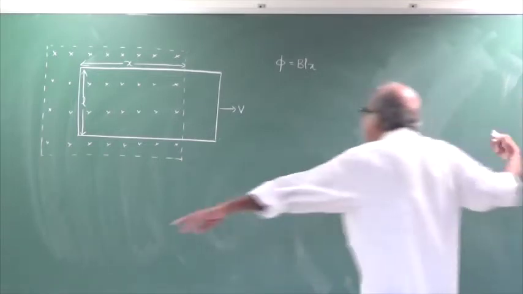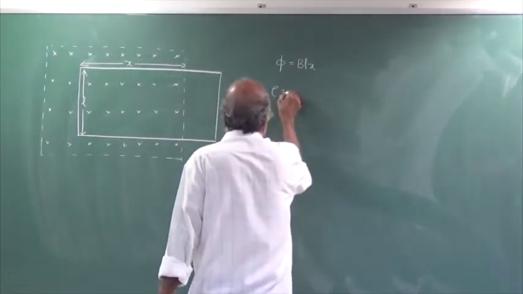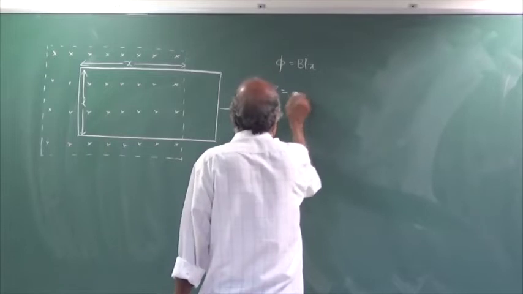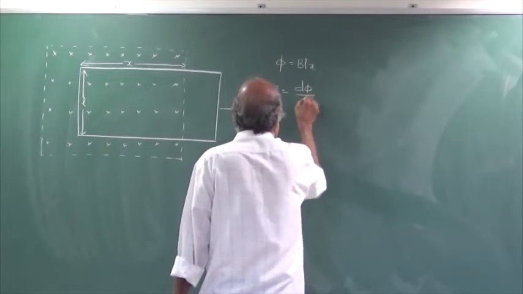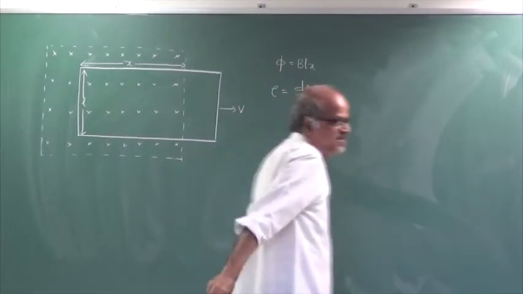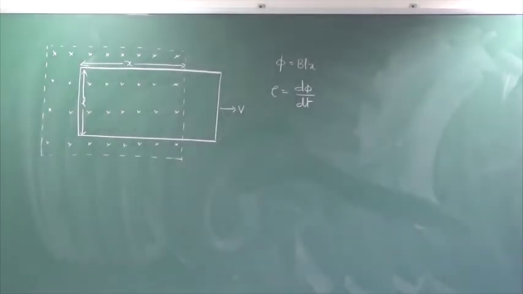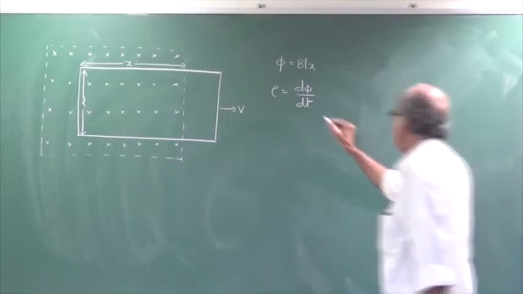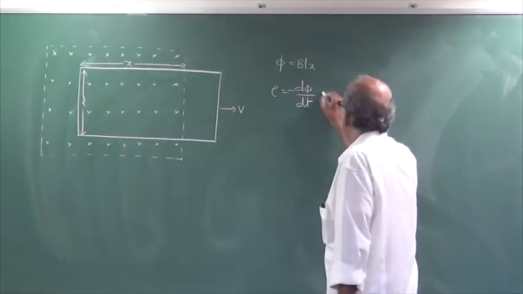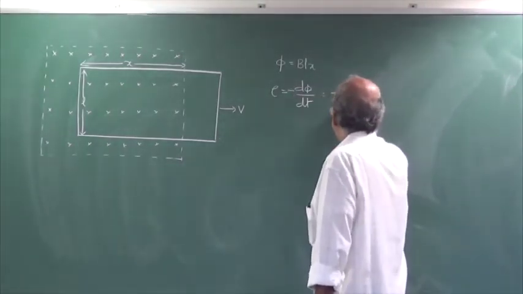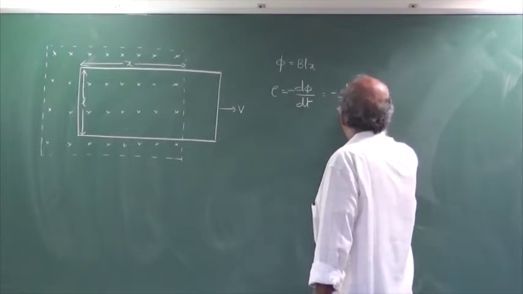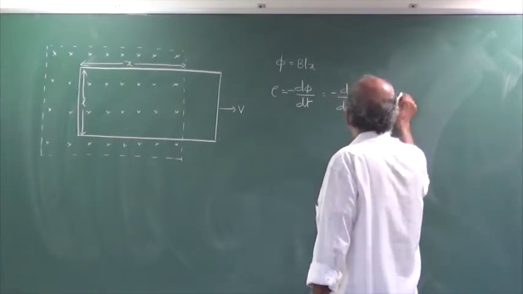You are pulling it. What is the EMF induced? Magnitude of this induced EMF is d phi by dt. Actually, it is minus d phi by dt. We will consider the magnitude, or if you want the minus sign to be retained, I will retain it, no problem. This you can write as B L dx by dt.